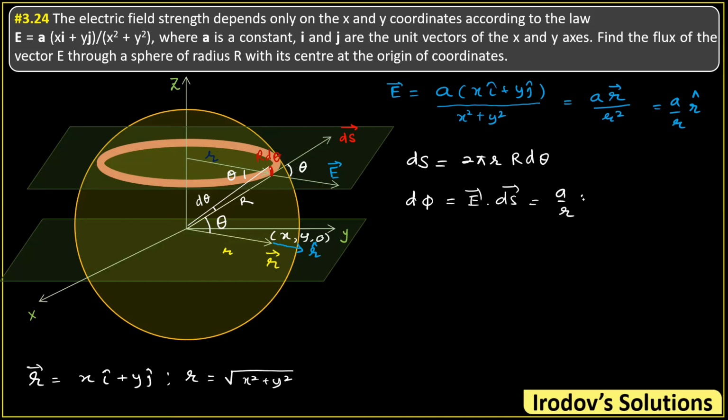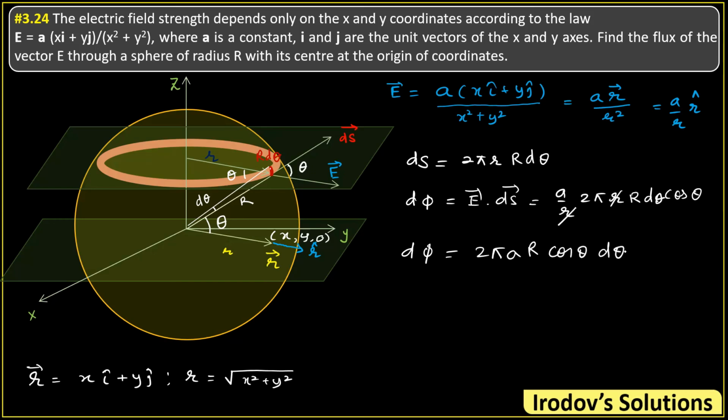The magnitude of ds would be 2 pi r into r d theta, and cosine of the angle between them, that will be cos theta. So this small r will get cancelled. So now we have d phi is equal to 2 pi A r cos theta d theta.